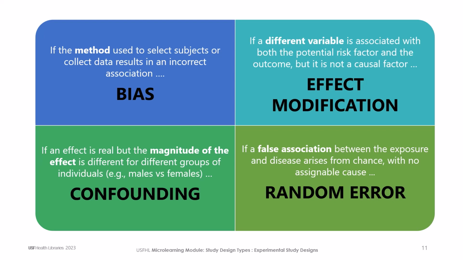If a different variable is associated with both the potential risk factor and the outcome, but it is not a causal factor, there is probably effect modification. If an effect is real, but the magnitude of the effect is different for different groups of individuals, for example, males versus females, you may have confounding. If a false association between the exposure and disease arises from chance with no assignable cause, then there may be random error.